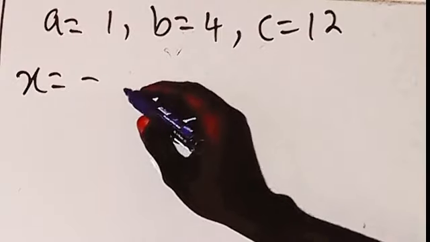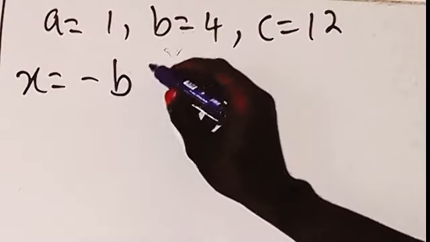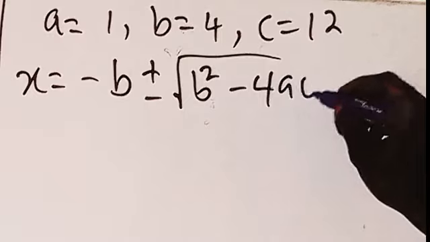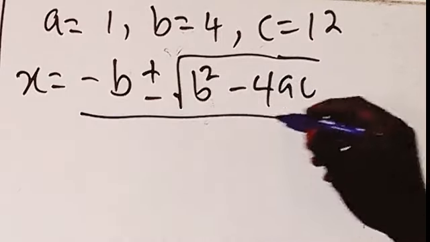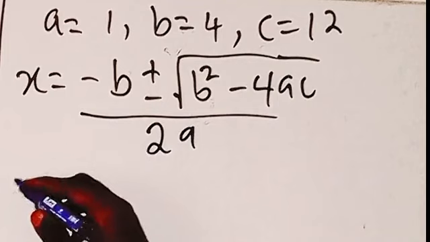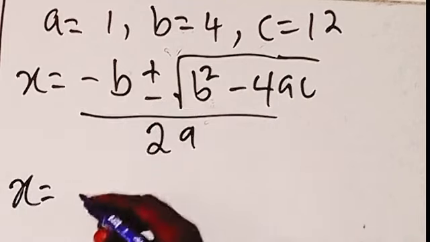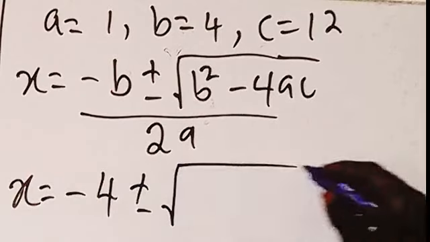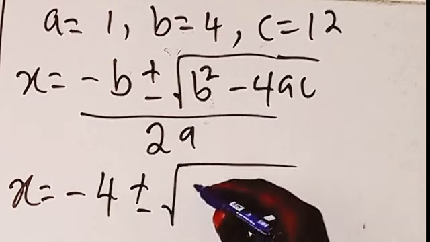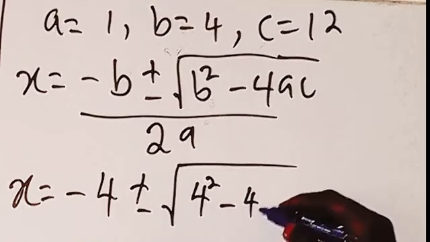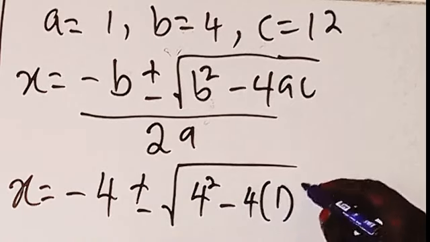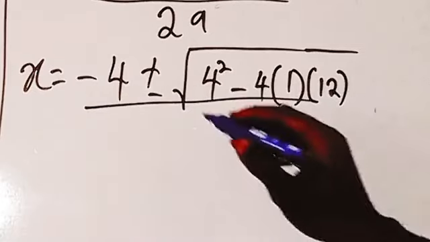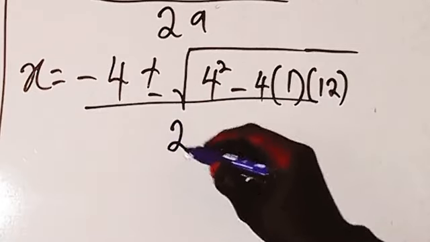Then don't forget the quadratic formula states that x equals minus b plus or minus the square root of b squared minus 4ac, all divided by 2a. So we have x equals minus b, so minus 4, plus or minus the square root of b squared, which is 4 squared, minus 4 times a which is 1, times c which is 12, then divided by 2a, that is 2 times 1, we have 2.